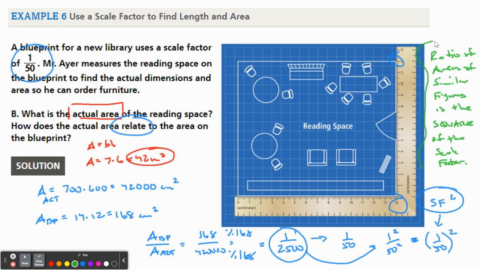Hopefully you wrote that somewhere better than right there, right? You have space, right? So the ratio of the areas of similar figures is the square of the scale factor. Okay? So keep that in mind as you go through.